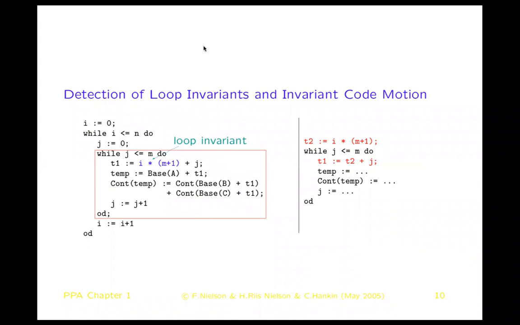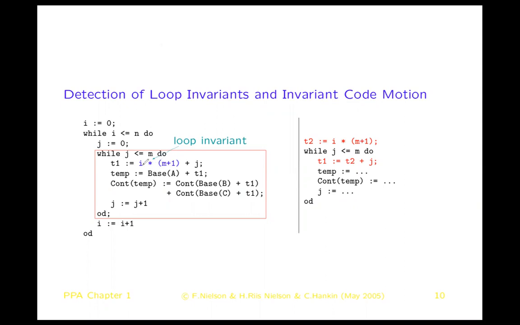So now let's see the transformed code. What you are seeing on the left is the transformed code. If you see this inner loop, this subexpression i star m plus 1 remains the same in the inner loop, because in the inner loop only j is changing, but i is not changing.